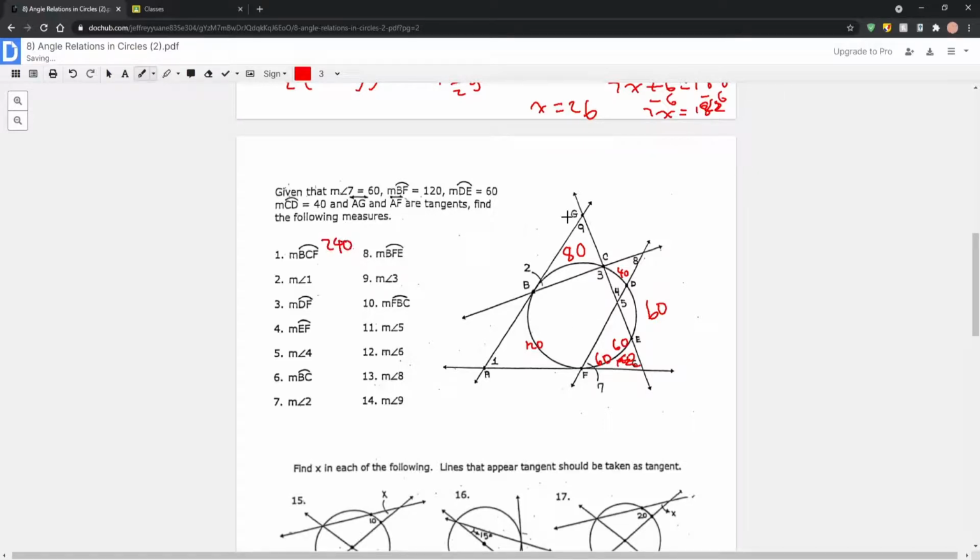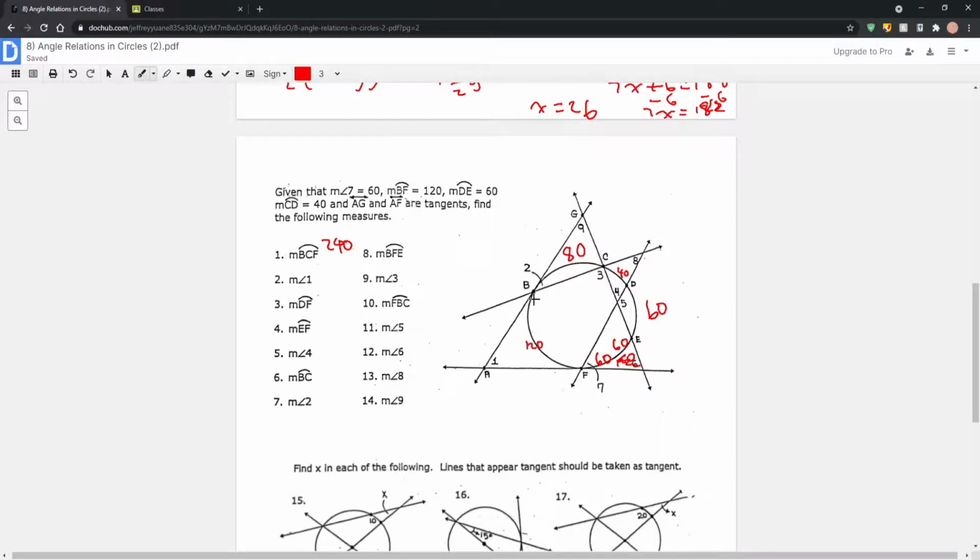Okay, measure of angle 1. You know this arc is 120, but you can use the tangent, secant, and inscribed angle theorem. So you have this major arc which you just solved for, which is 240.